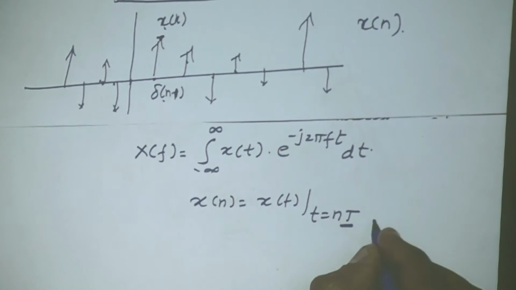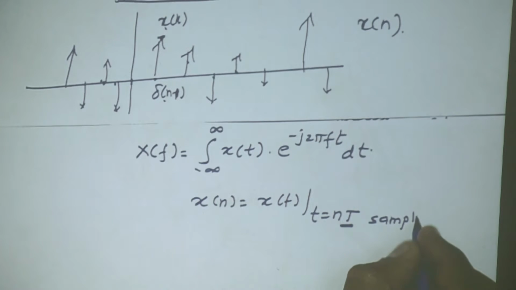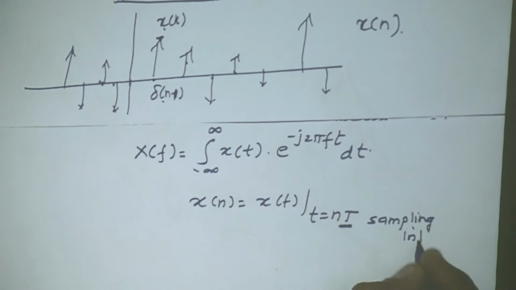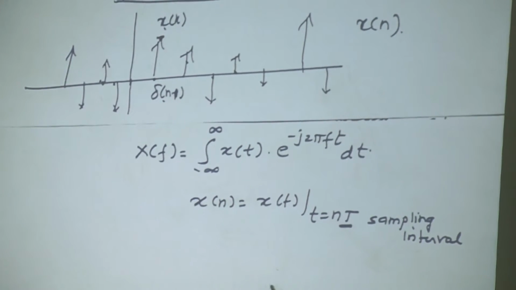This T is the sampling interval. How is this chosen?